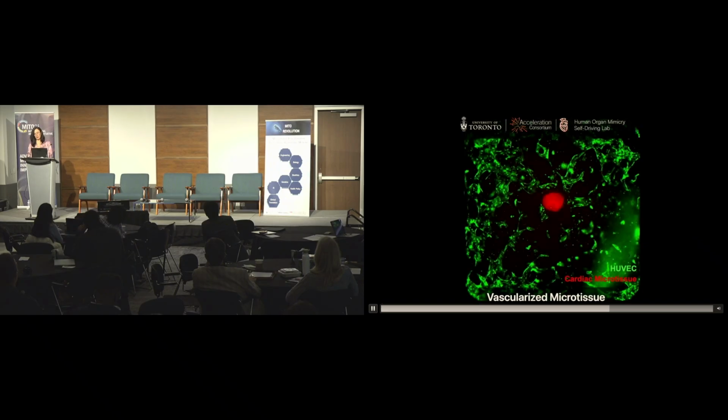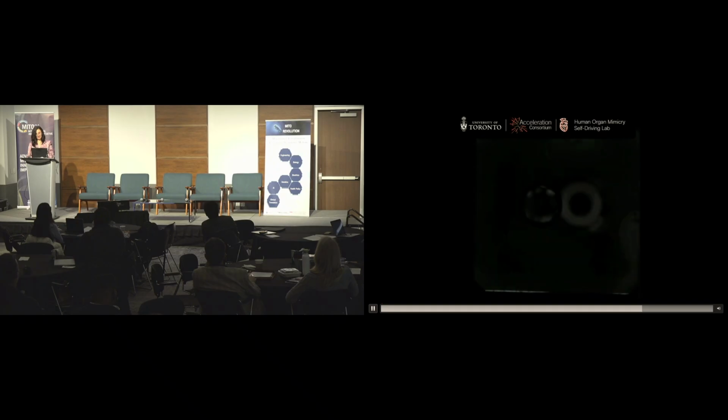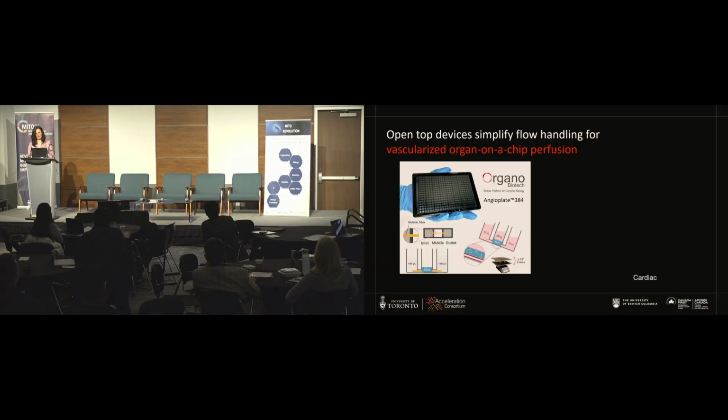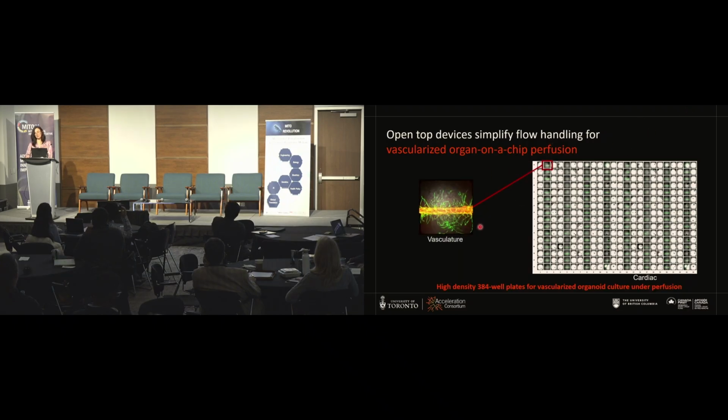So you can see cardiac organoids in a background of endothelial cells. And we are using for this Organobiotech plates that are perfusable, and each unit has 3 wells, and in the middle well, we can grow endothelial cells surrounded by basically any organoid that you want. And in this case, for example, it's brain organoid. So that is the platform that we plan to use in the future to scale up the studies of transplant.